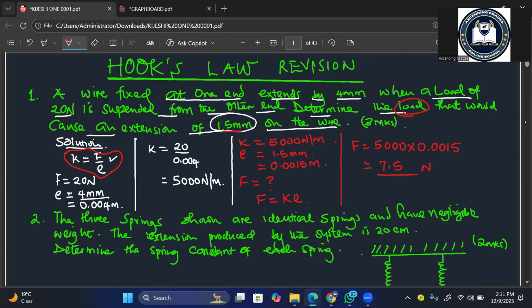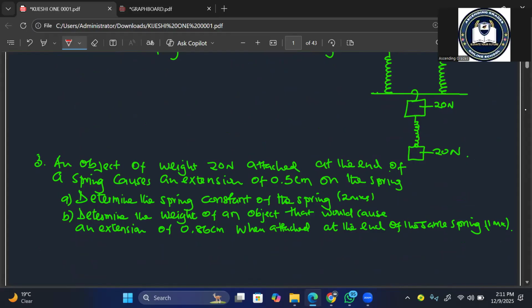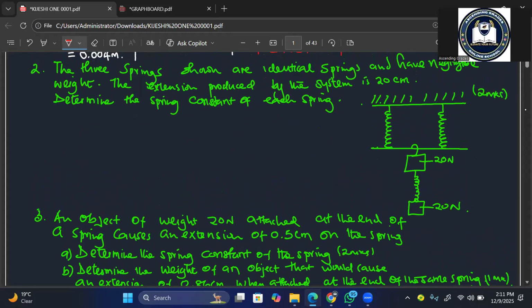Question 2. It reads, the three springs shown are identical springs and have negligible weight.